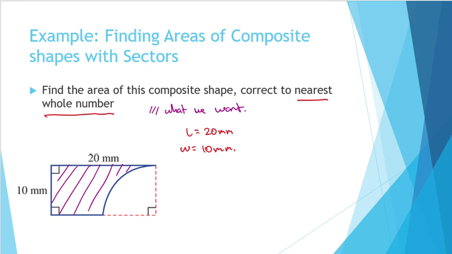So why don't we start out by finding the area of this rectangle? So A rectangle equals L times W, 20 times 10, which equals 200 millimeters squared. Okay, so that includes the purple and the little white area there.